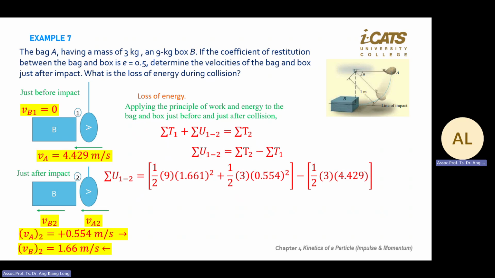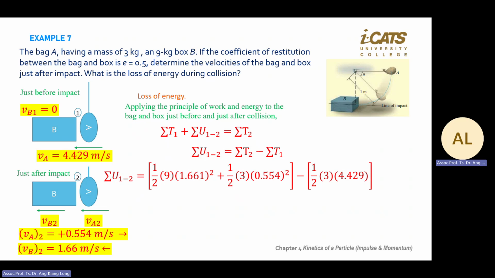Kinetic 2 minus kinetic 1. Because you have two objects, you have two kinetic terms there. You have object A and object B. The front one, half 9, 1.66. This one is for object B. This is object A. But there is a careless mistake there. I should put negative 0.554 here and not positive.